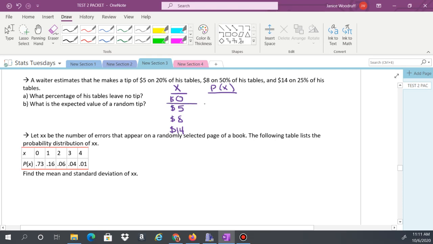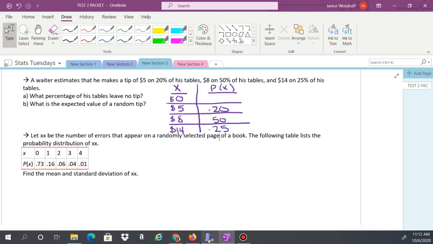So let's set up a little distribution table here. You have $5 is 20%, so that's 0.20. $8 is 50%, so 0.50, and $14 is 25%. So for the percent that leaves no tip, let's add all these together.